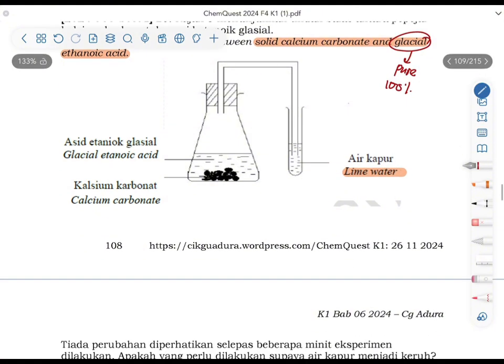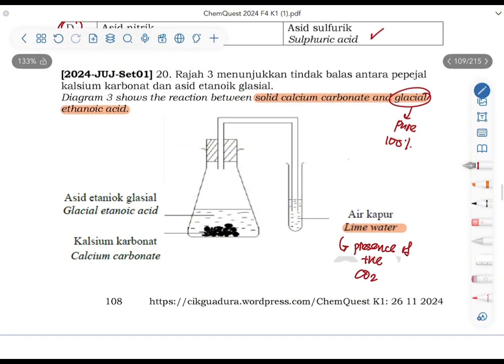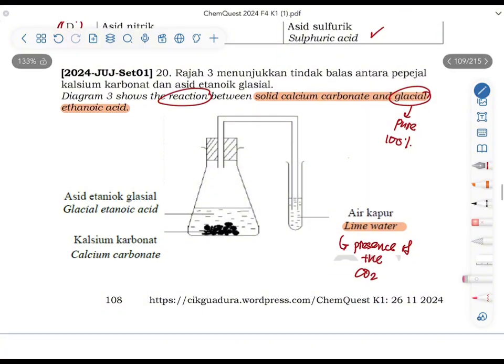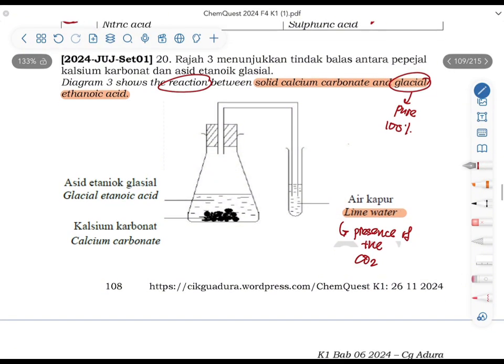For information, this lime water is used to test for the presence of carbon dioxide. This reaction is expected to release carbon dioxide, and when carbon dioxide is present, the lime water will turn cloudy.